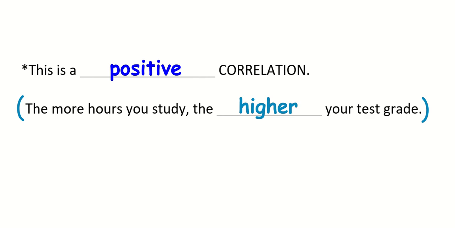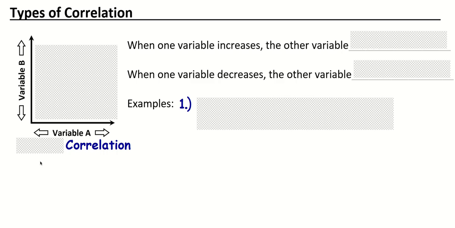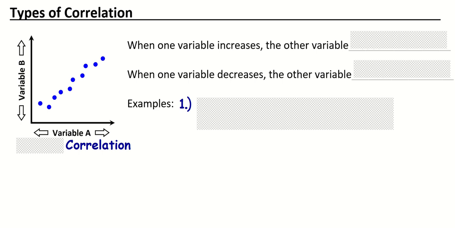So anyway, to move on with this lesson, this next part of our notes: positive correlation is only one type of correlation, right? Where as variable A increases, the other variable also increases.